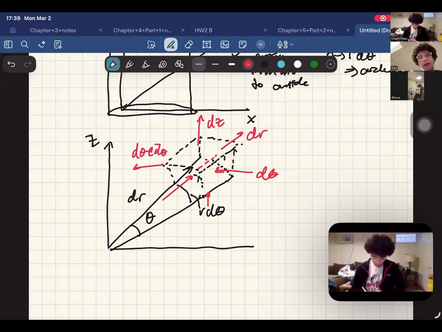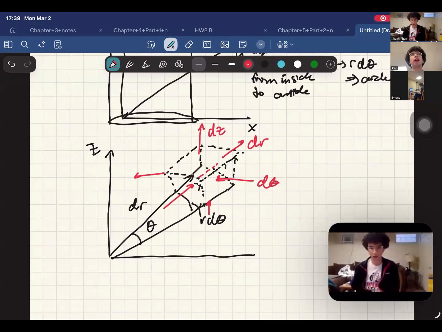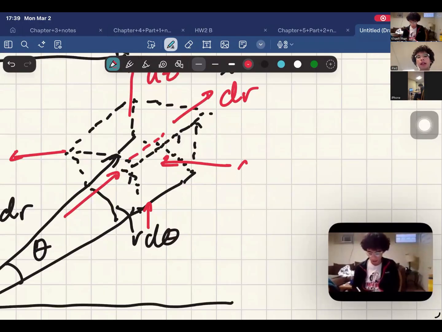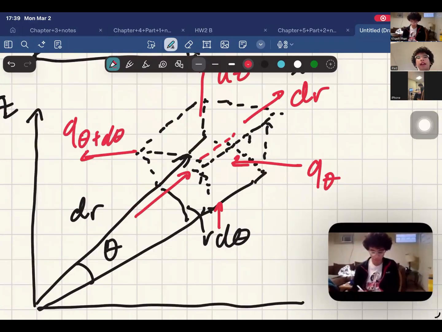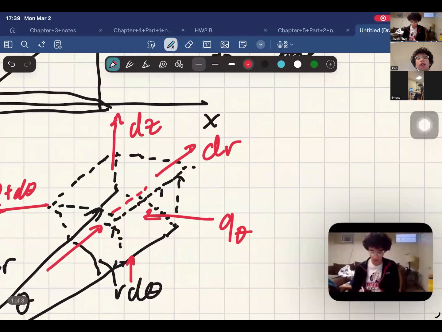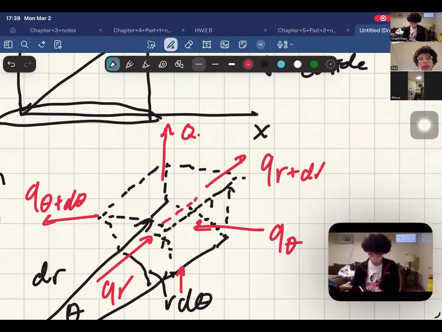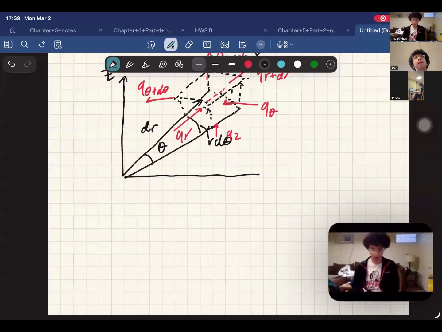In this question we're gonna talk about heat storage, and this is the direction for the net heat flow. So this is instead gonna be Q theta plus d theta, like the Taylor approximation that we have worked before, Qr plus dr, Qz plus dz.